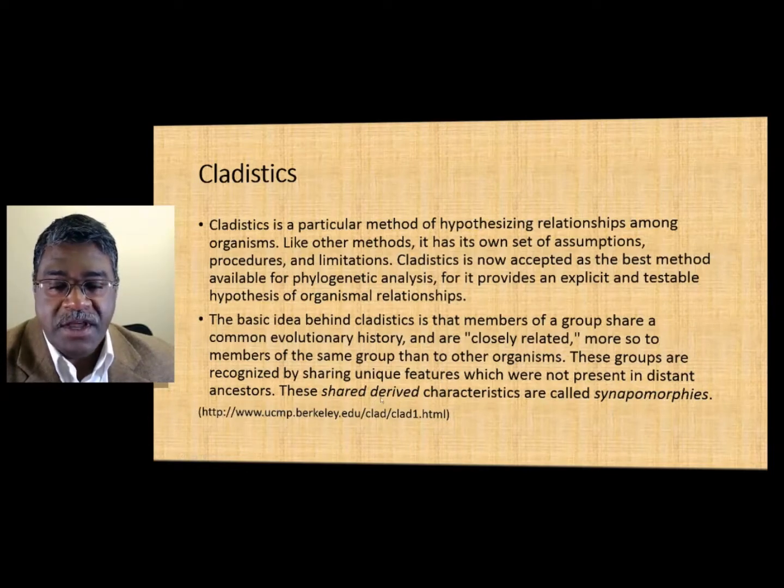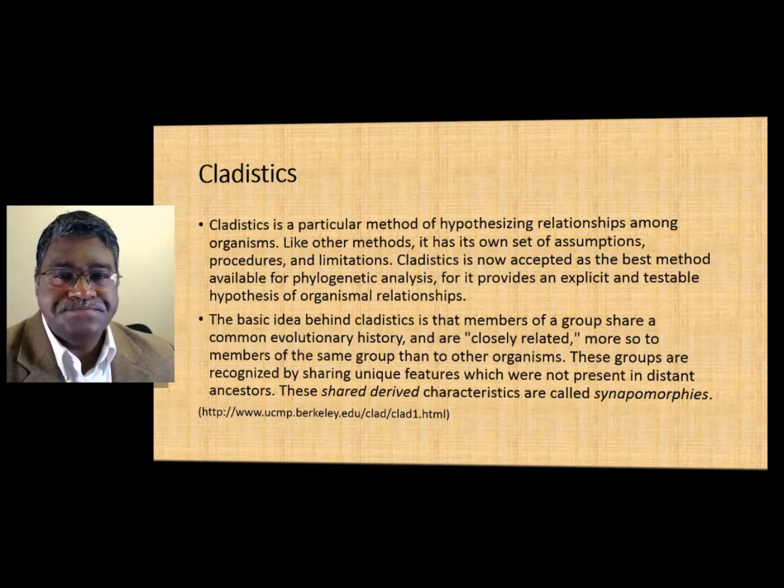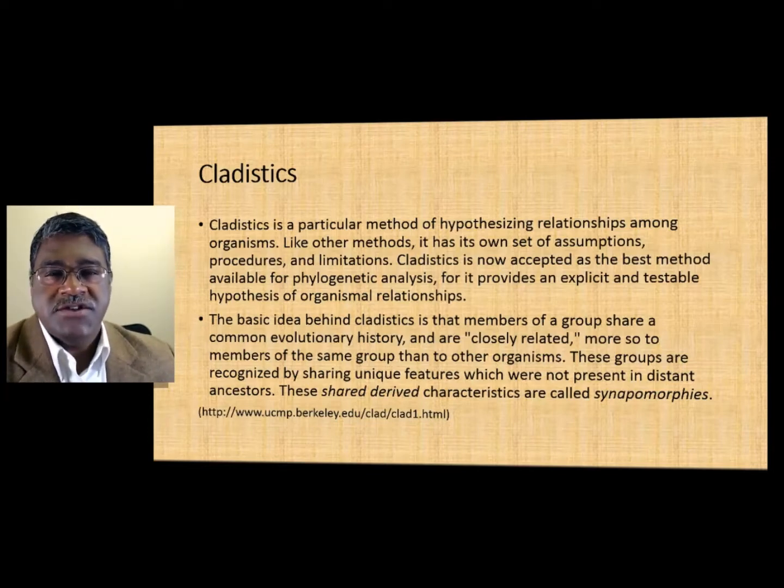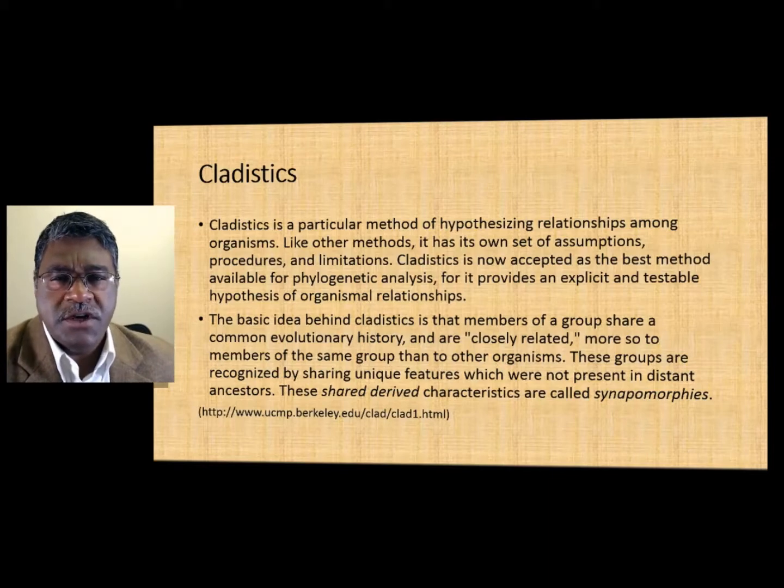Okay, so again, if we say, well, just because you have a dark-haired human and a chimpanzee, for example, has dark hair, we don't just say, oh, this is a synapomorphy, so they must be related in some way.